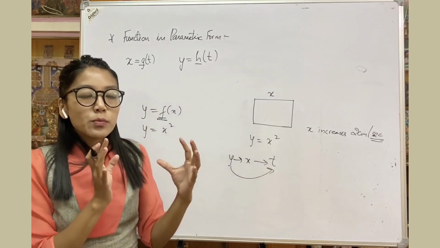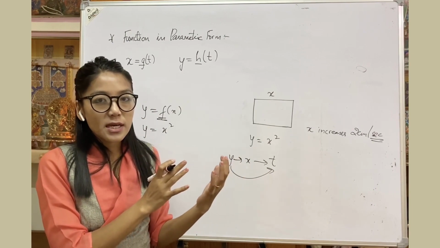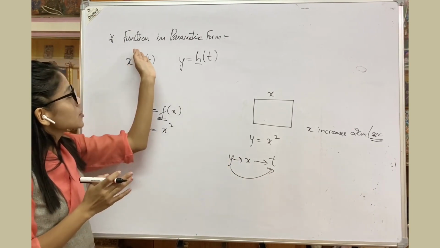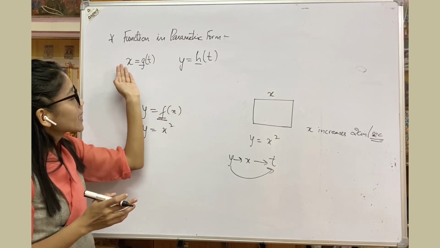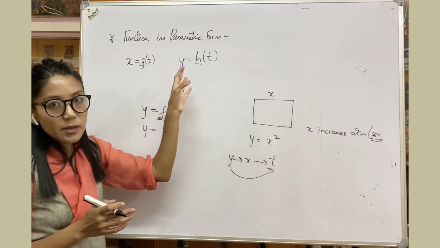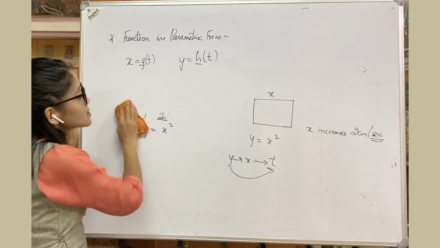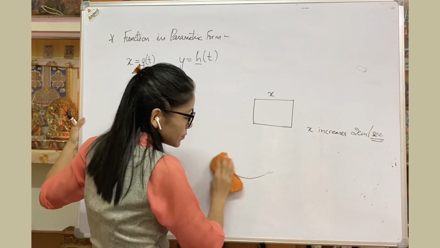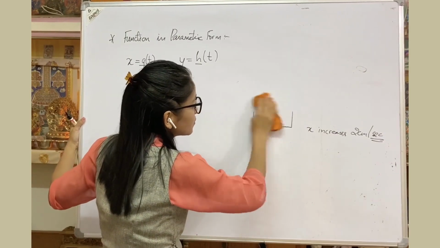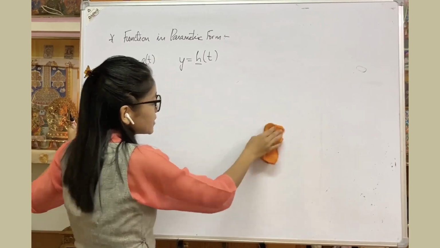But x and y both should be expressed with respect to that third variable, whatever you are taking, okay? So parametric form is where we are expressing both x and y in terms of a third variable, okay? Now we will see how we will differentiate such a function, when x and y have been expressed with respect to a third variable t, then how we are going to find the derivative.